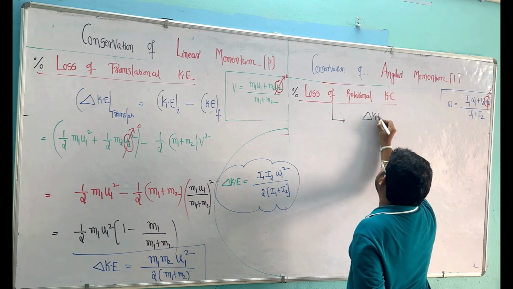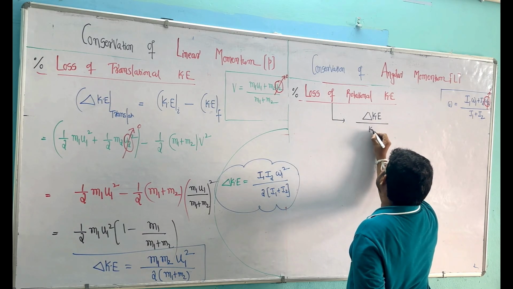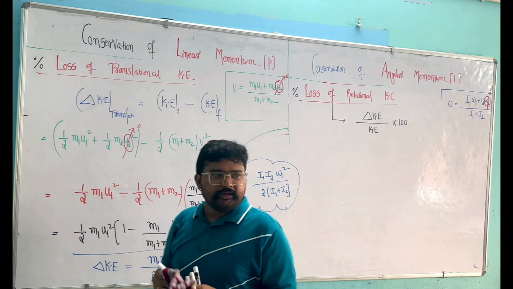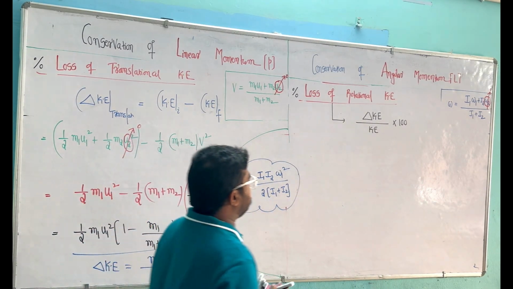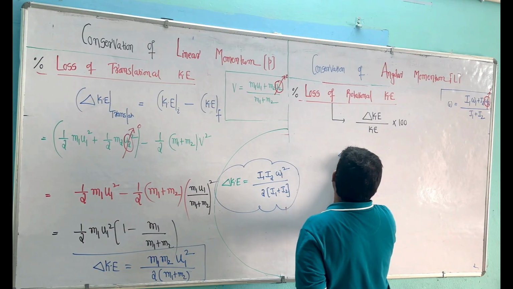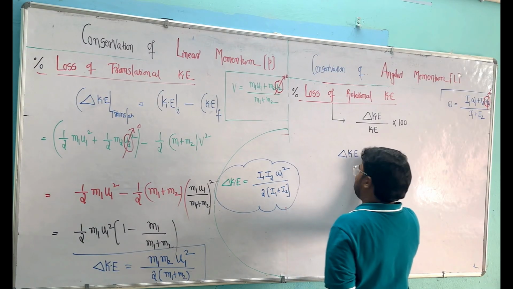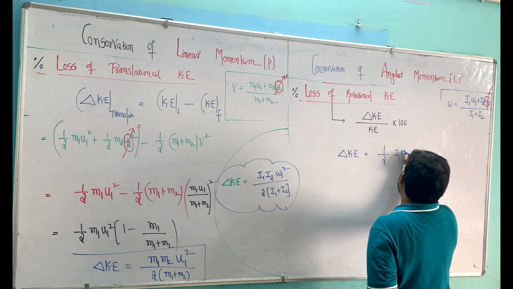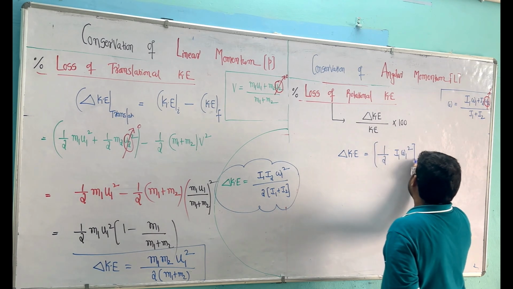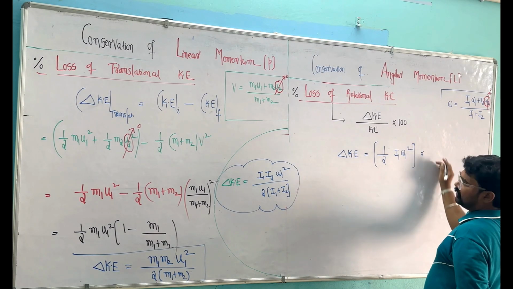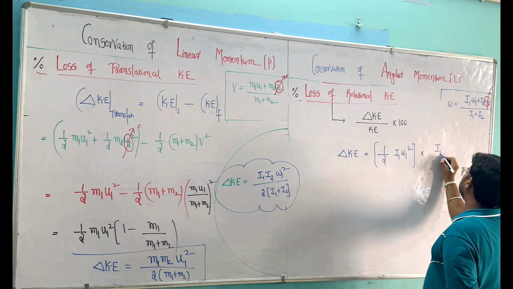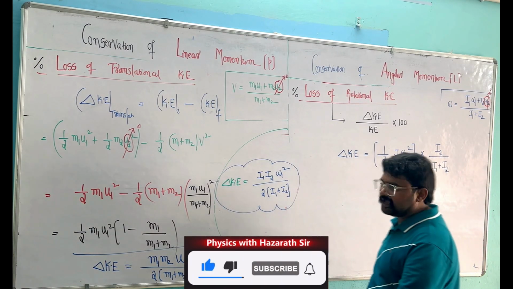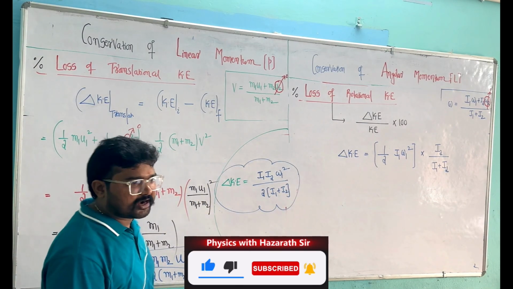Delta kinetic energy by kinetic energy into 100. Clear up. So ఇప్పుడు చెప్పండి, what is the delta kinetic energy? Half into I1 omega 1 square into how much? I2 by I1 plus I2. Understood or not?